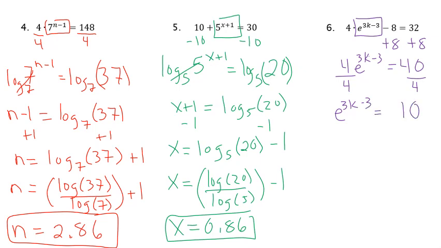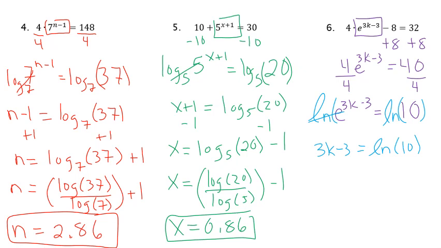And so for this one, it's base e, so we're going to do the natural log of each side. Okay, and then we're going to go ahead and solve for our variable.